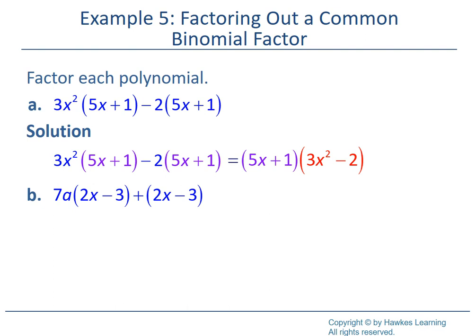Alright, now, when we do letter B here, and again, there doesn't seem to be any number over here, so we physically put in a 1. Now, using what they're going to do, they're going to use this factor first, 2x minus 3, which is the common factor, and then what's left is 7a plus 1.